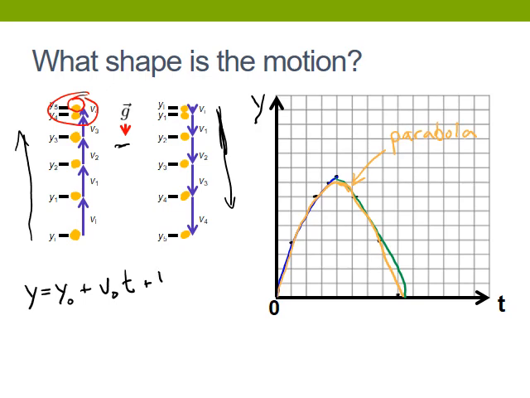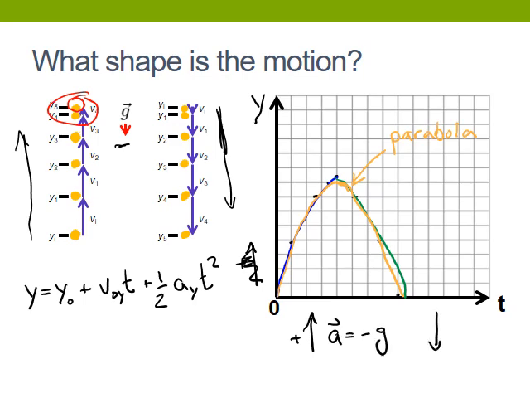I'm going to write it as plus 1/2 my acceleration, and this is a y acceleration just like this is a y velocity, times my time squared. Now, I've written this as ay, so you remember that it is an acceleration, and whether it's plus g or minus g just depends on your coordinate system. If I set up as positive, then my acceleration is equal to minus g.